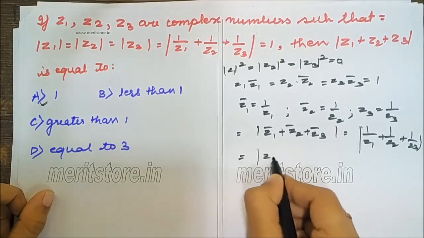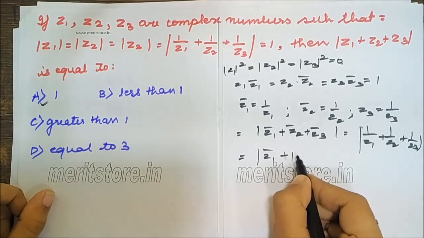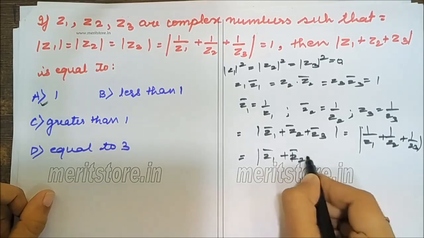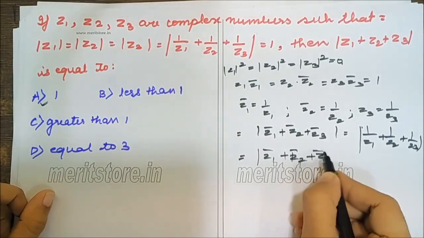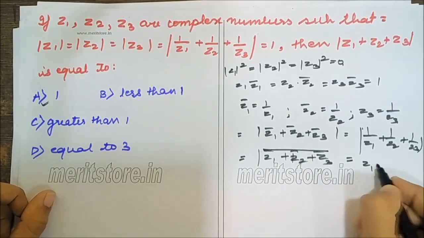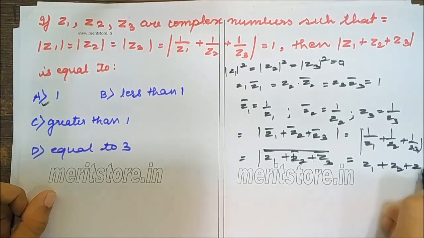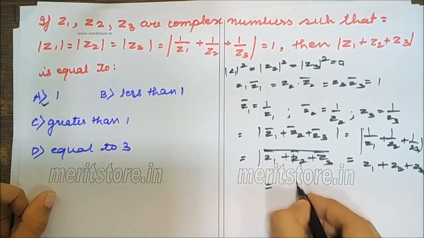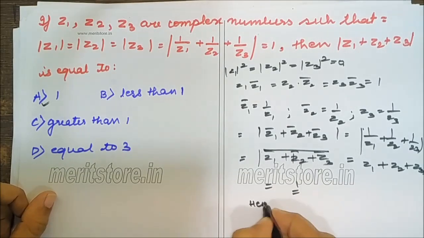Both are similar. z1 + z2 + z3 is equal to z̄1 + z̄2 + z̄3. So this is equal to 1.